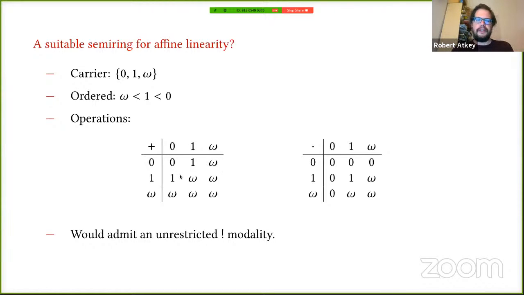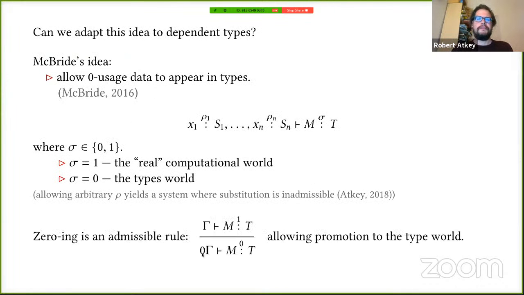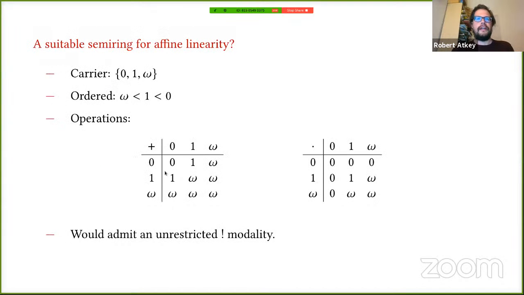Okay, 0 wasn't a good example for the distributivity. But yes, if you change this to rho, then it is different. So we add 1 and 1, then we get omega. Anytime we step outside of 1, we just get omega, and anything multiplied by omega that isn't 0 is omega.